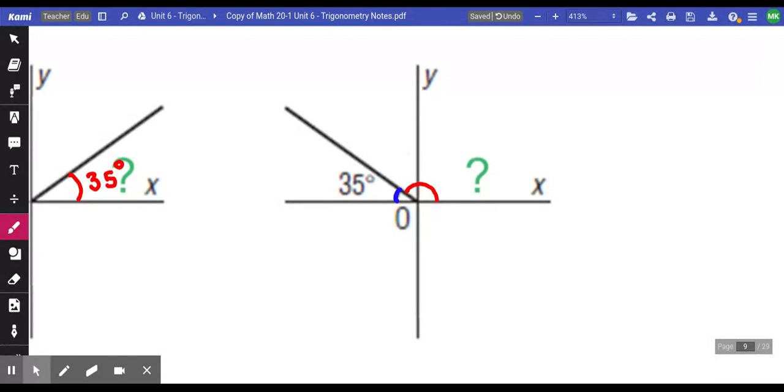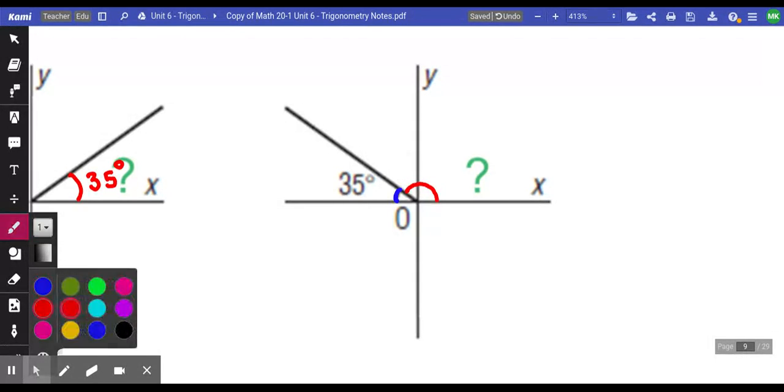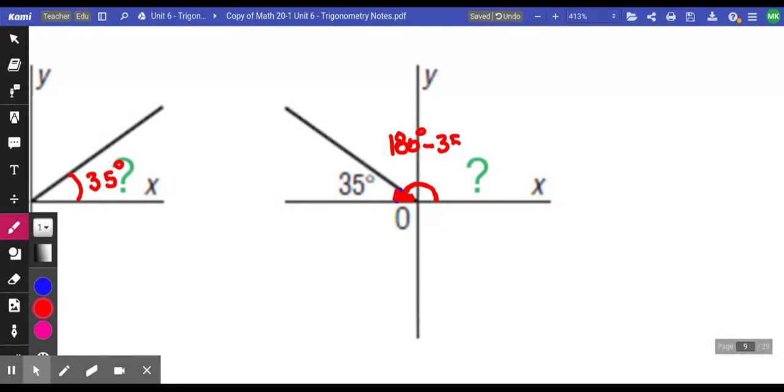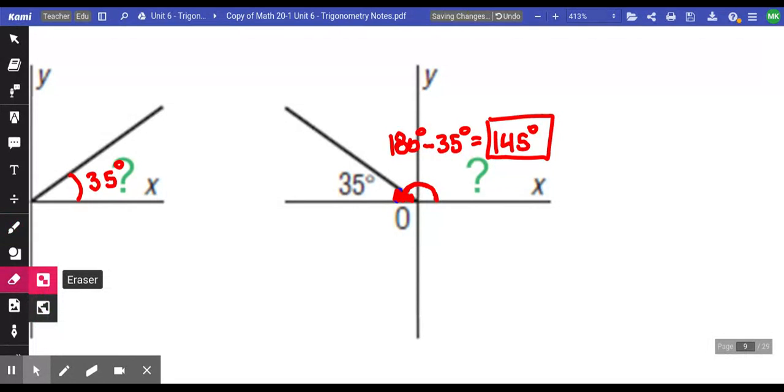They're telling you that gap right there is 35. So we need to go all the way to 180, which would be to there, and then subtract away this part. So 180 degrees minus 35 degrees gives us 145 degrees. That is the standard position angle for that terminal arm.